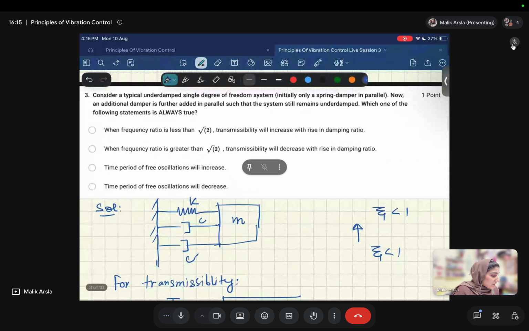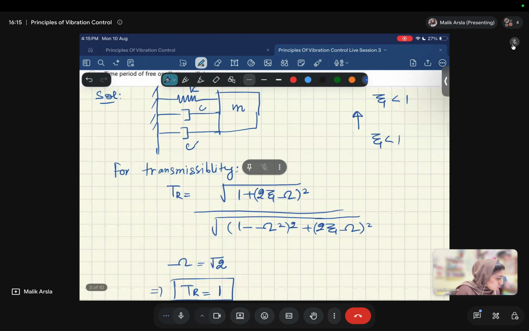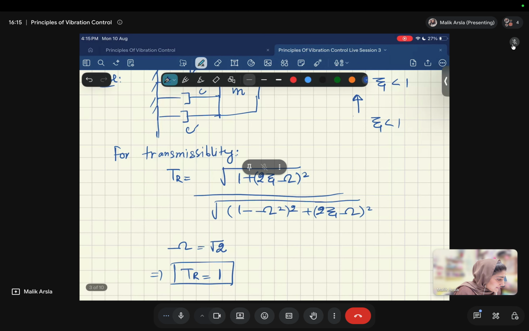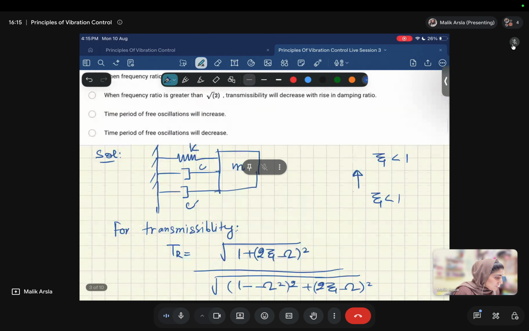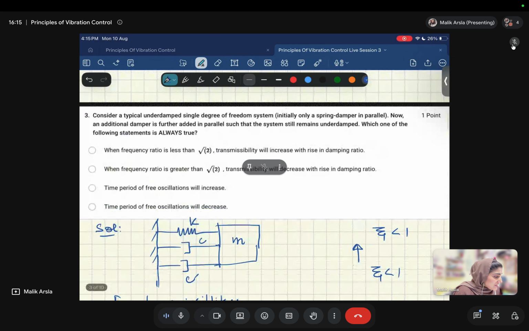Now when the frequency ratio is less than root 2 and you put it in here, I'll leave it as a task for you, you will see that the transmissibility will decrease with an increase in the damping ratio.